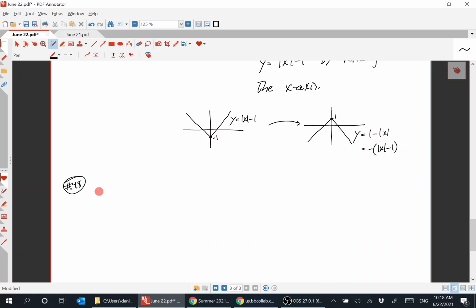So sketch the graph of 2 minus absolute x, or square root x plus 1. So a couple ways you can arrive at this. You can do this negating thing. So the standard function we want to start with is definitely going to be square root of x. y equals square root of x.